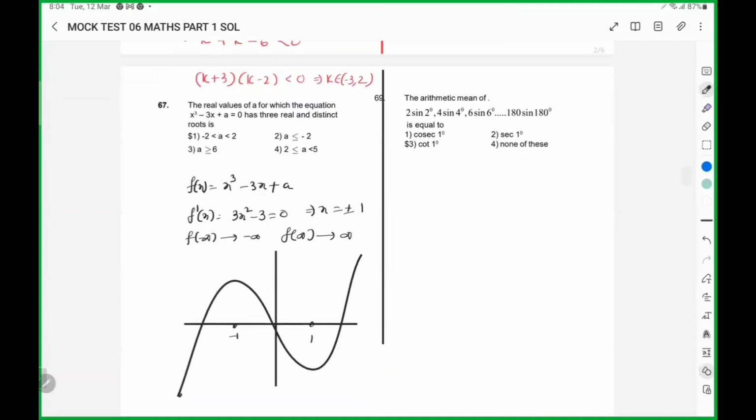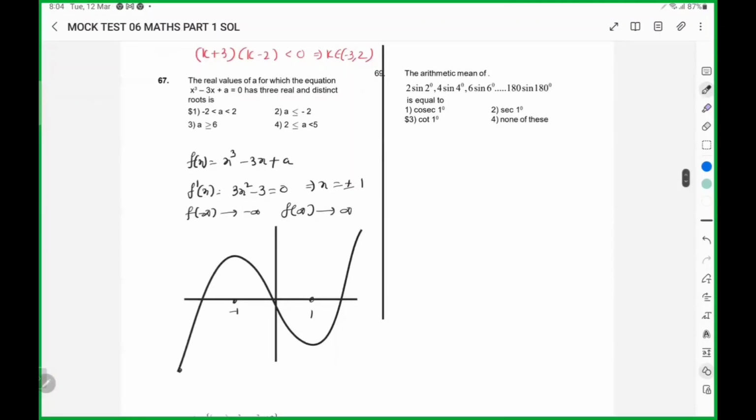So now it has three distinct real roots, 1, 2, 3. It takes turn at -1 because at this point derivative is 0. F of -1 is greater than 0.